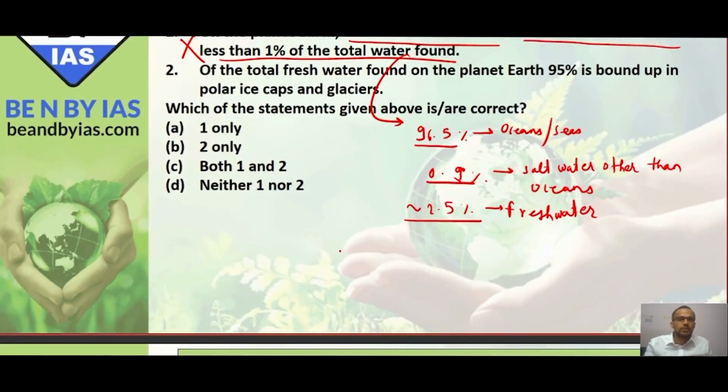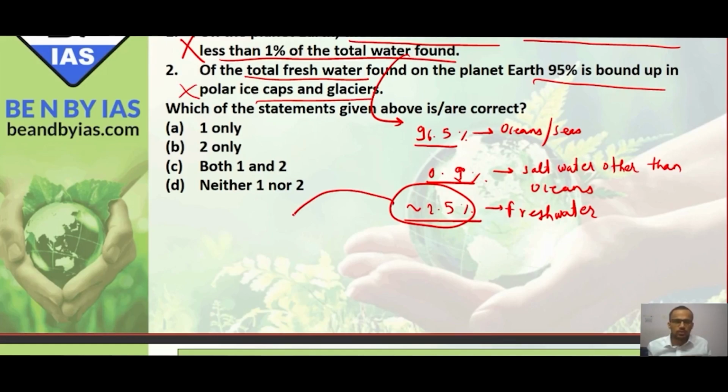So what does the second statement talk about? Of the total fresh water, that means out of this 2.5% found on the planet Earth, 95% is bound up in ice caps and glaciers. Again, this is a wrong statement. Why?